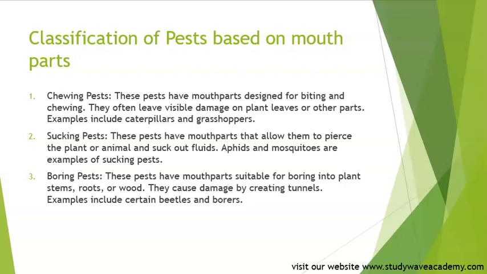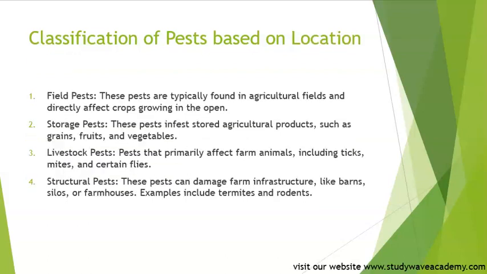Then the sucking pest has mouths for piercing and sucking, which can make plants or animals sick. We also mentioned the boring pest, which has mouths for boring into plants or wood, creating tunnels. We now know classification of pests based on mouth parts, right? So next, we are going to be looking at classification of pests based on location.